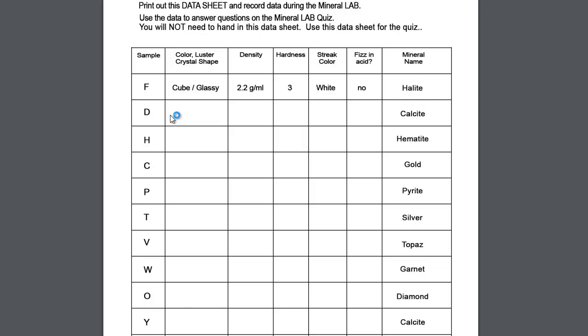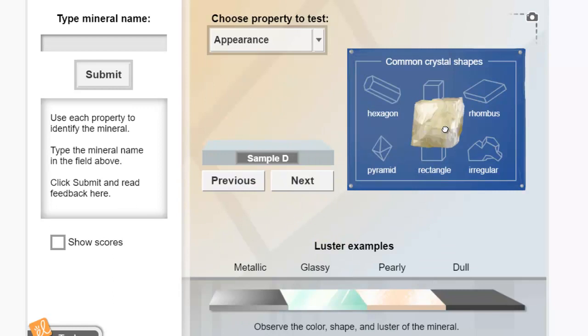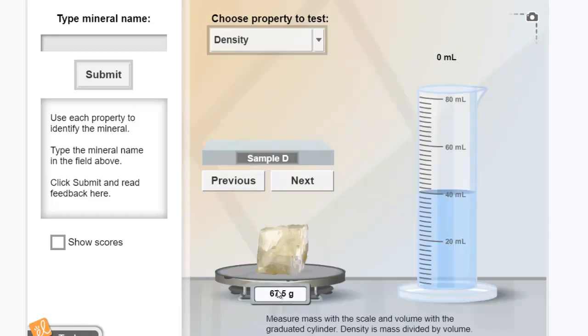Now let's do D very quickly. Go back to D, go back to appearance. This is a rhombus, so write rhombus, and it's glassy, so write glassy. It's a little bit whitish. Then density, it's 67.5 grams.